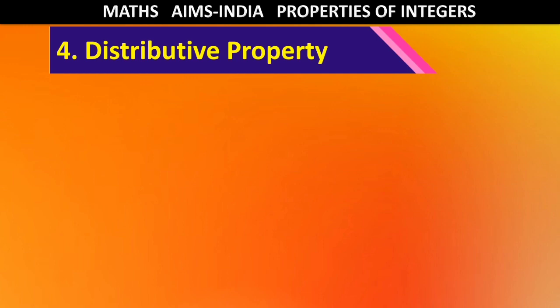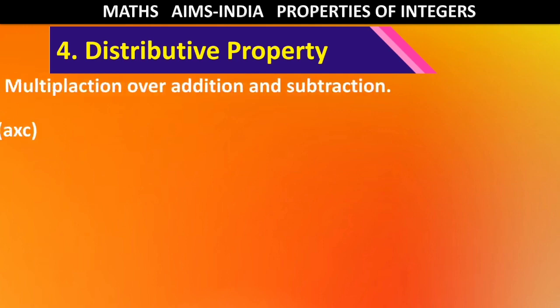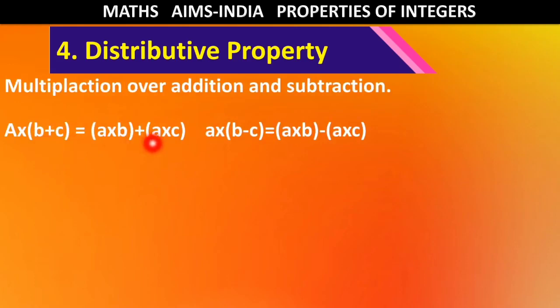What he wants to say here is, when we have an equation like this, we can solve this in two ways. When we have a into (b plus c), first we can add b and c and then multiply it with a, or we can distribute a among both the integers. We can write a into b, then the plus sign, and a into c. Understood? We are having two possibilities here.